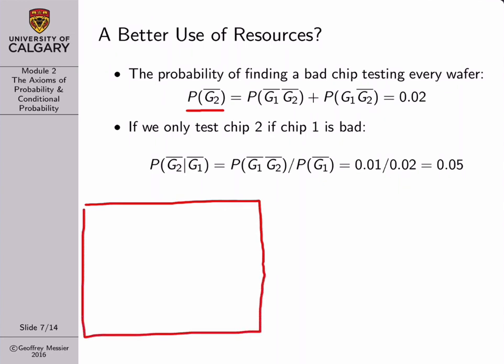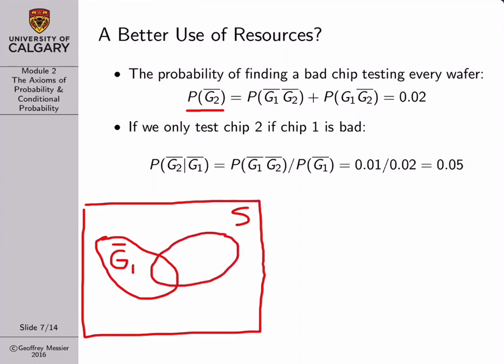So here's our universal set. Here's the situation where G1 is bad. Here's the situation where G2 is bad.